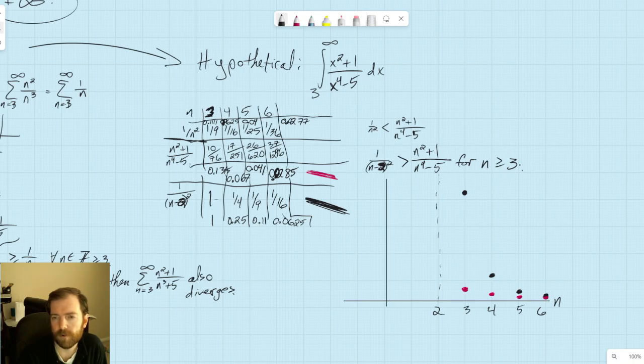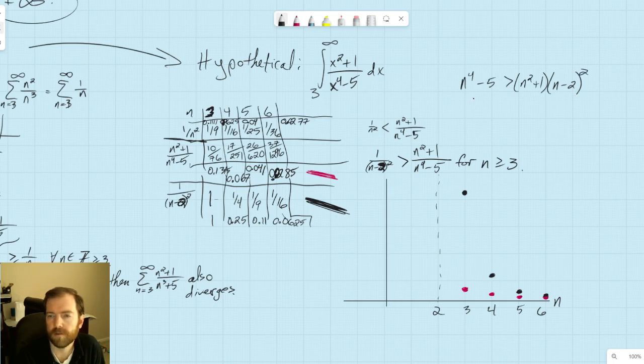But for n being greater than or equal to 3, everything is positive, all the terms are positive, so we're going to get n to the 4th minus 5 is greater than n squared plus 1 times n minus 2 parentheses squared.